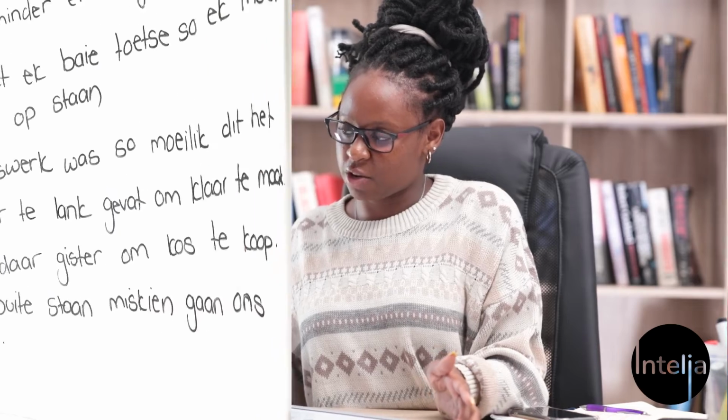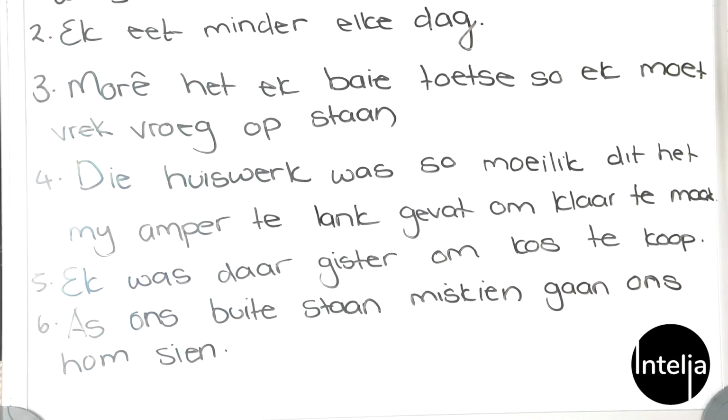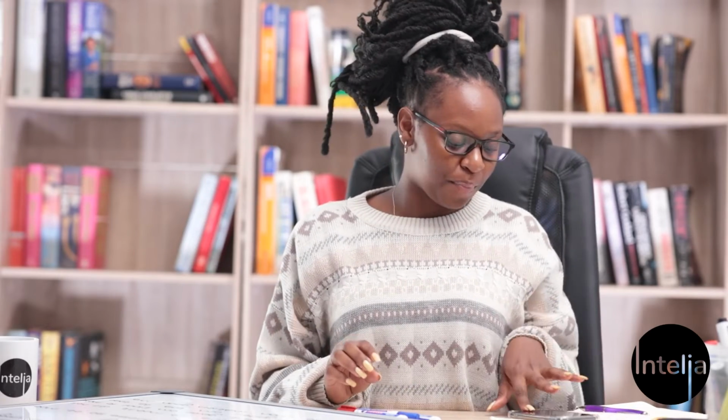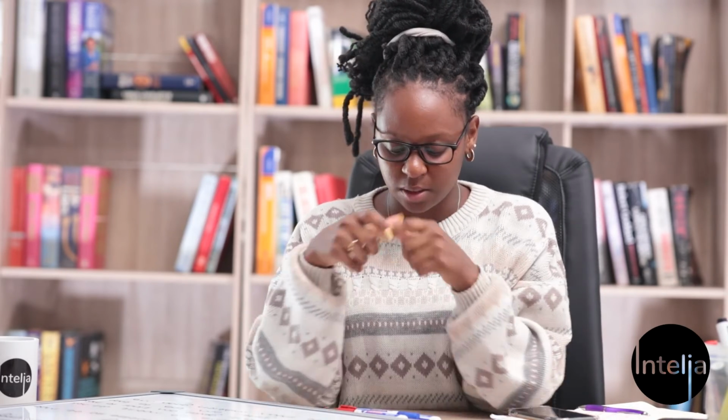And I'm actually just gonna write it down here. So we only have 3 colors, so we're gonna have to make do with what we have. So ons het, bywoorde are describing words, but they tell us more about what the verb is doing, right?